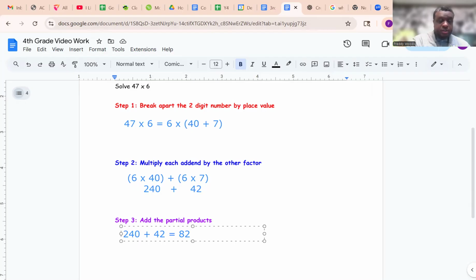And 2 plus nothing is 2. 282. That's how I solve. This is how I figure out what the product is.